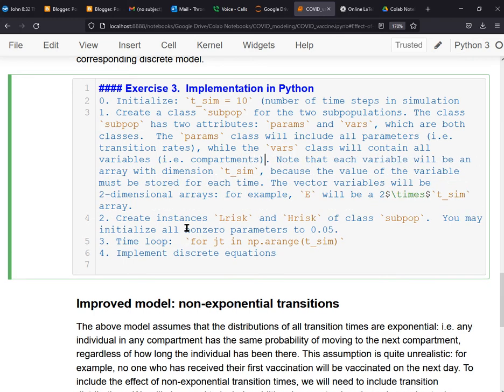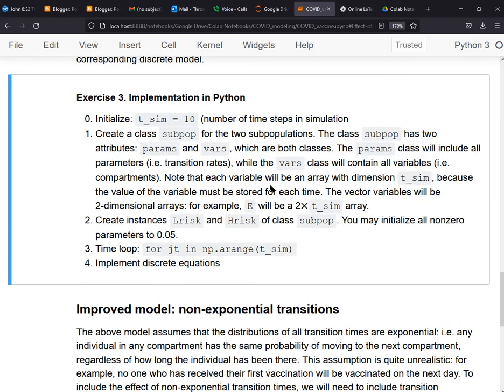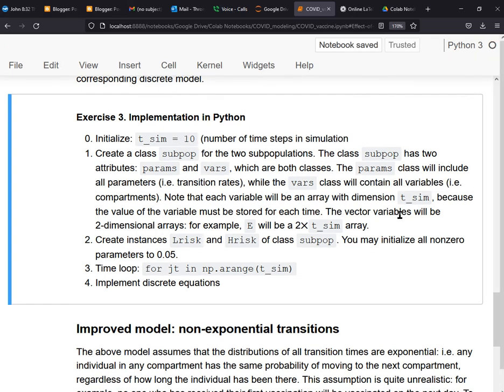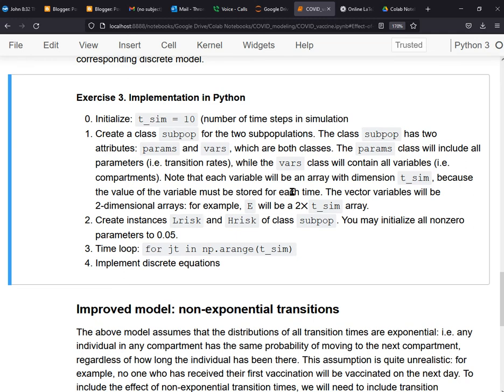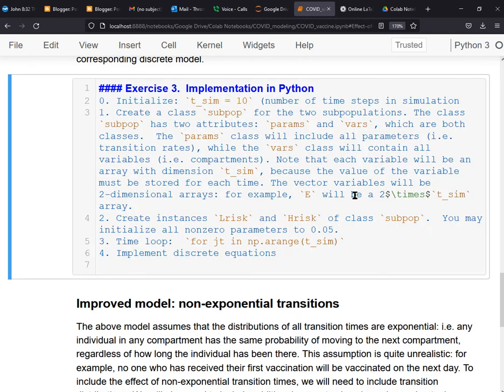Note that each variable will be stored in an array with dimension tsim, because the value of the variable must be stored at each time. For the susceptibles, we're going to have to store 10 values. The vector variables, like E for instance, will be two-dimensional.